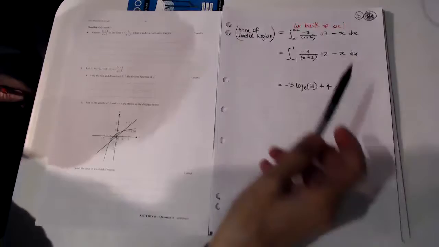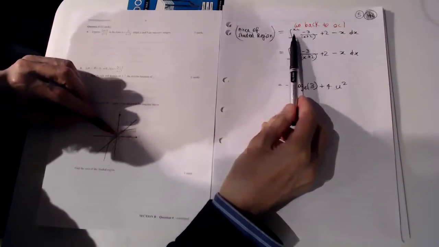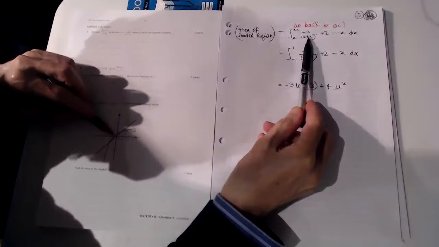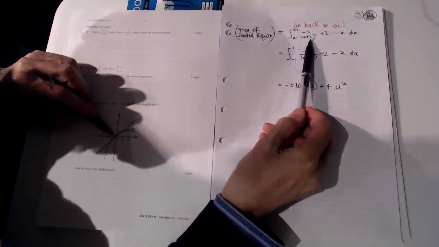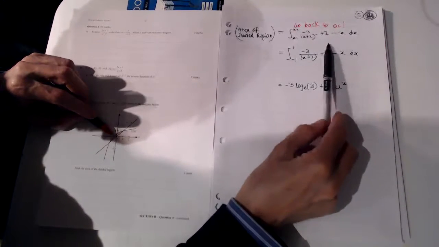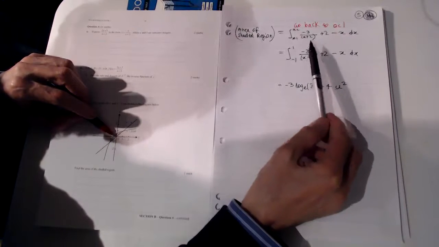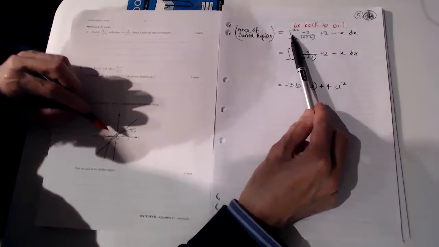Now, therefore, the area of the shaded region is equal to the integral of the top curve, which was -3 on x plus 2, plus 2 minus x dx. And now we know what x1, x2 are.